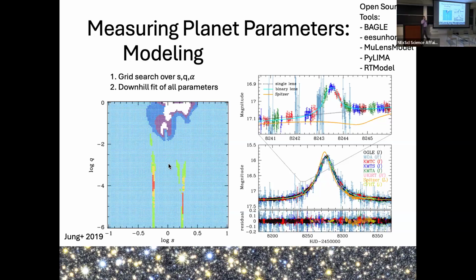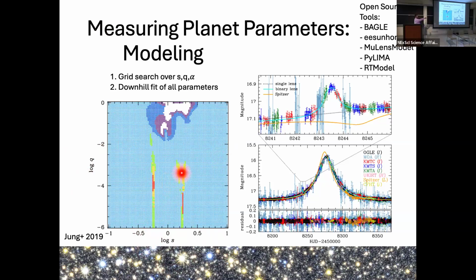But the features that you get in the microlensing light curves, other than what I described, the exact features aren't really well matched to the parameters. And so the typical process for finding those parameters is you will start with a grid search. Here I'm showing a goodness of fit parameter as a function of mass ratio and projected separation in units of the Einstein ring.